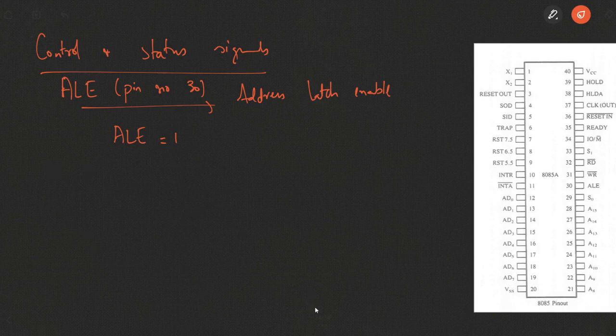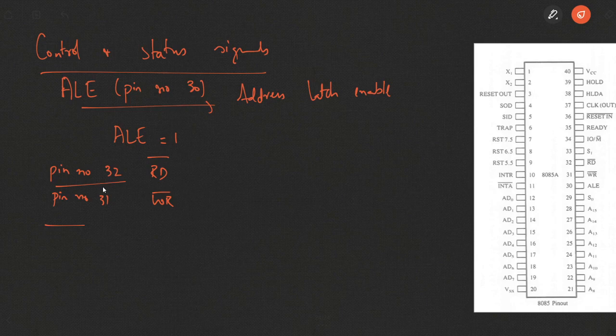Then you have pin number 32 and 31. Read is pin number 32, and write is pin number 31. You see there is a bar at the top of read and write.